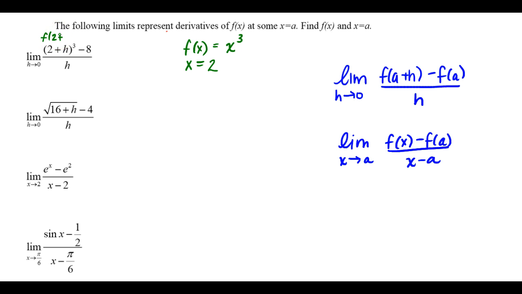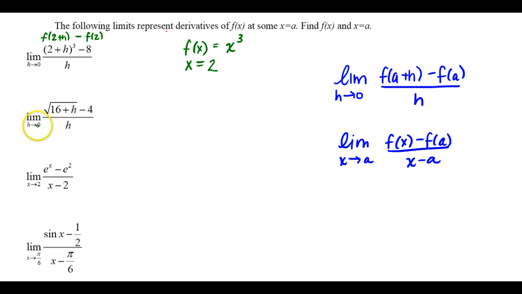This is f of 2 plus h, so that must mean that 8 is f of 2. To check, if we substitute 2 into x cubed, 2 cubed is 8. So this numerator does in fact represent f of 2 plus h minus f of 2 all over h. So the answer to this first problem is that f of x equals x cubed and x equals 2 is my a value.